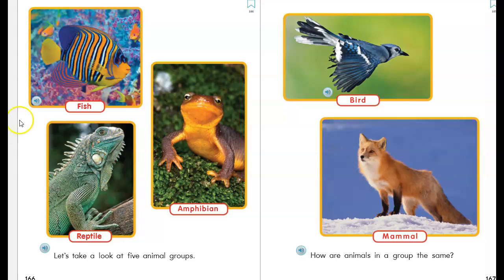All animals in the fish group most likely will have gills, fins, and can swim. So, all of the animals in each of their groups share the same characteristics, whether they look alike, have the same kind of bodies, or do the same things, or they all live the same way.